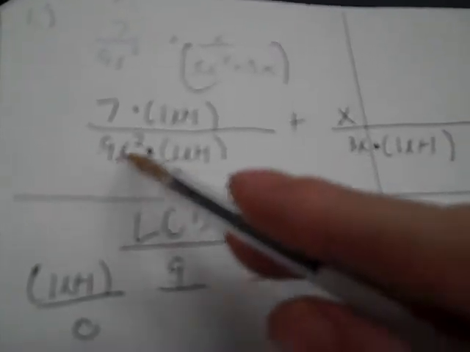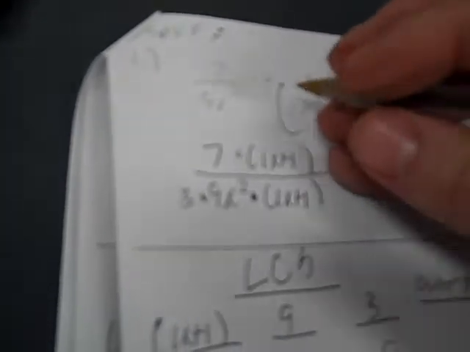Okay, 9, I got 1 and 0. So I should probably bring in a 9. 3, outside I got none and 1. So times 3. Yeah, it's a good thing I'm setting this up for you.